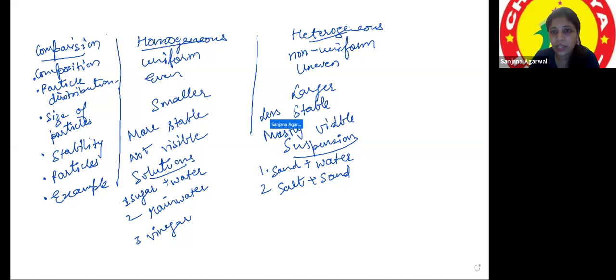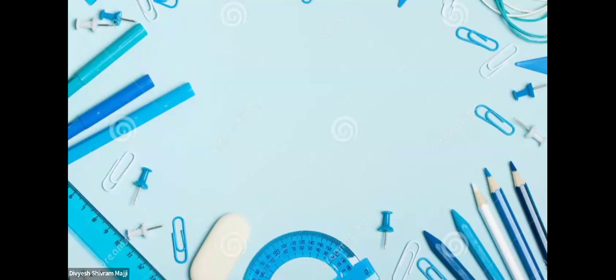In alloys we cannot see the components; we perceive the material as one type of substance. So alloys are a very good example of homogeneous mixtures. Got it? Clear, everyone? Yes, ma'am.